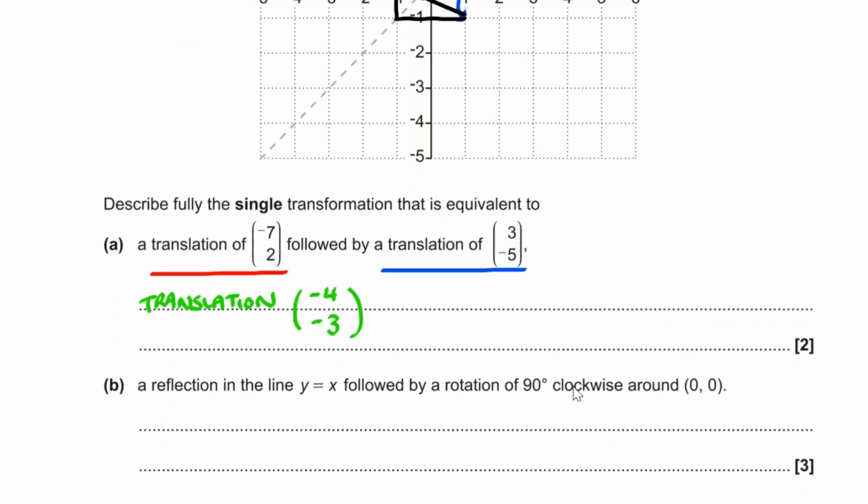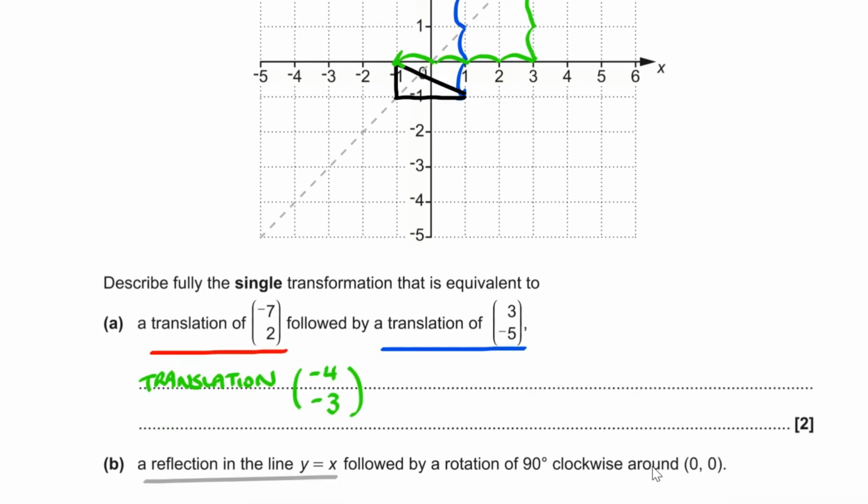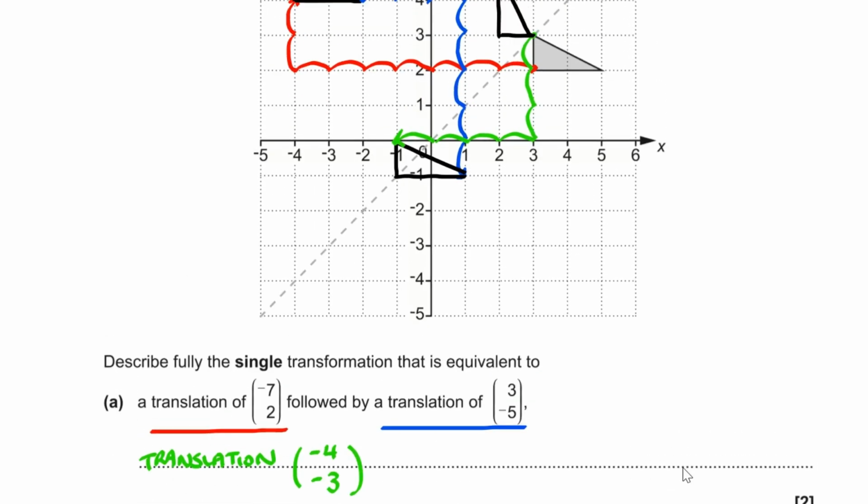And then so this was over here the reflection in the line y equals x, and then we've got a rotation 90 degrees clockwise about the origin.